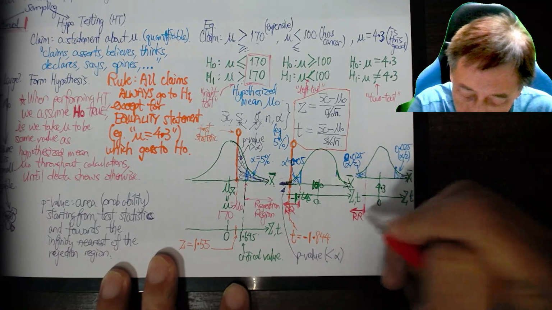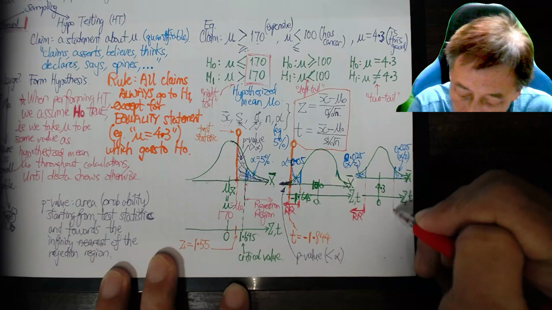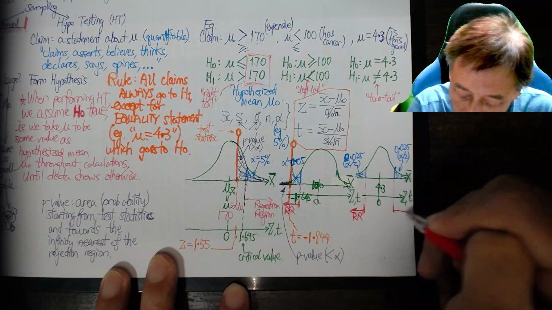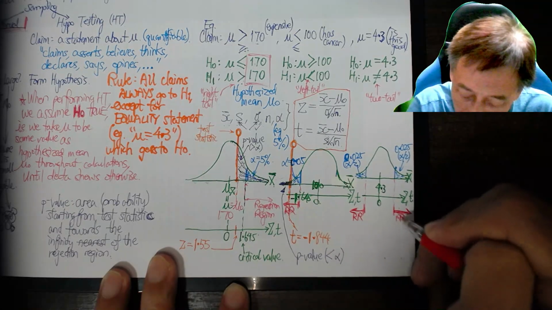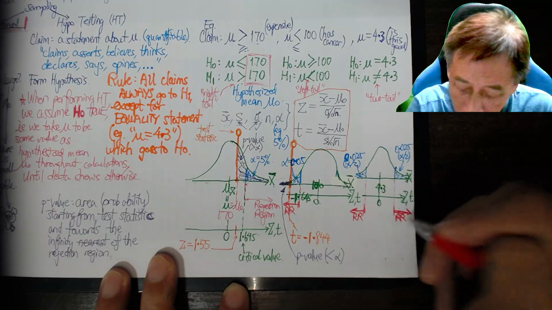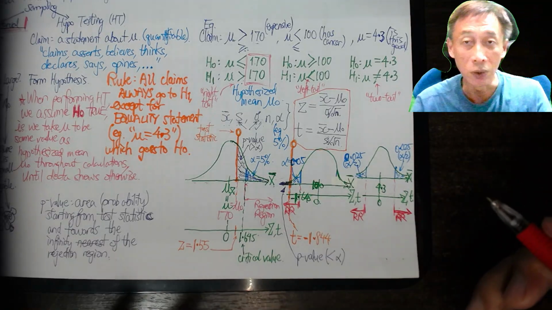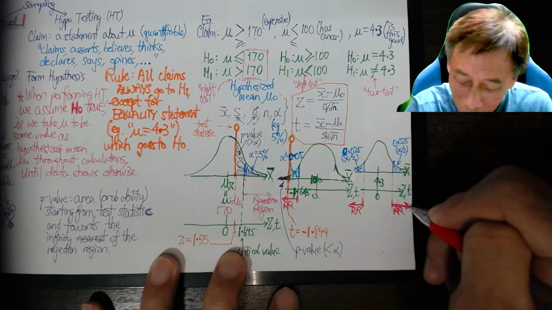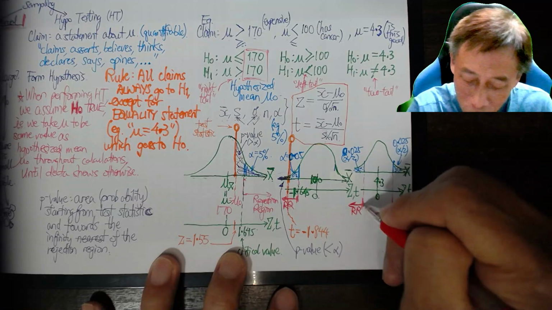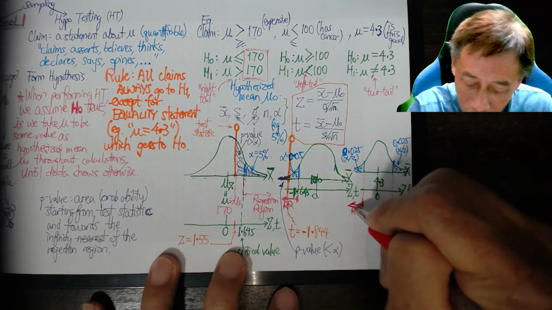The left rejection region and the right rejection region. That means so long as the test statistic pin falls into either segment, then we reject, because that's the reason why we call it the rejection region, right? So when the Google pin falls into either of these RRs, we will reject.